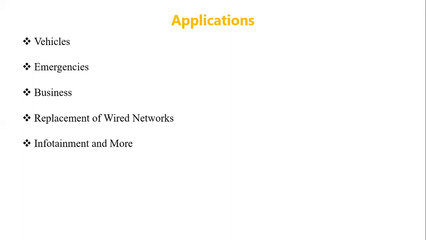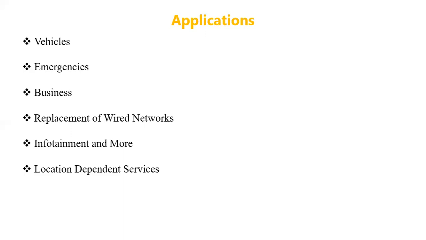And then we'll be discussing infotainment and more. That is how the wireless networks help us to get the latest information, or in what way it provides entertainment to the customers. That we'll be discussing under infotainment and more. These are also some of the applications of wireless communication.